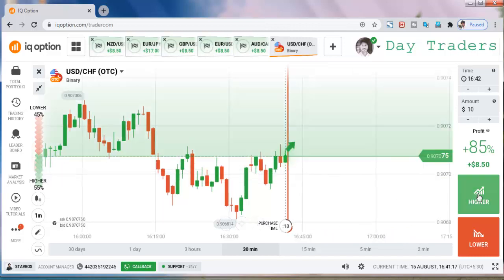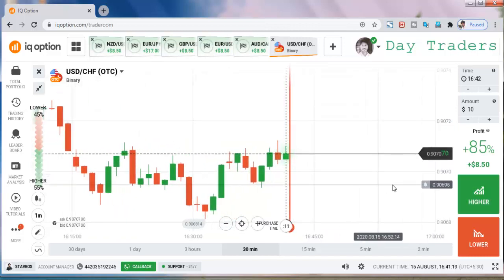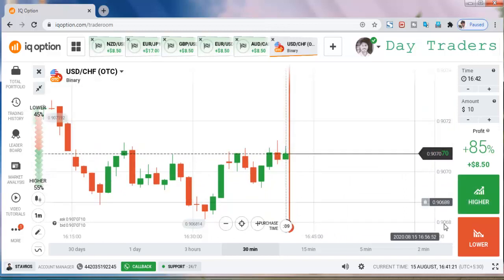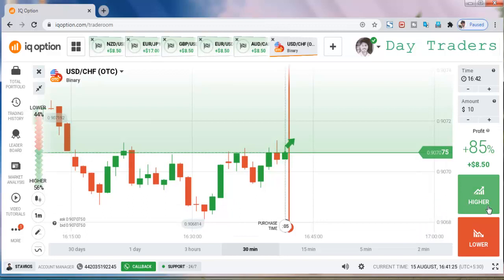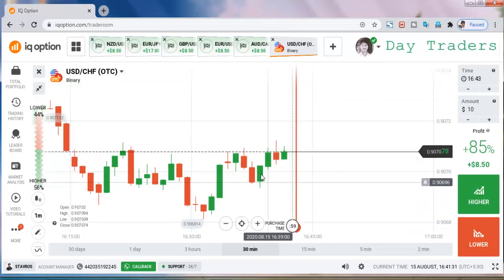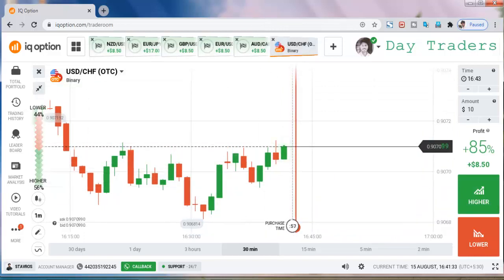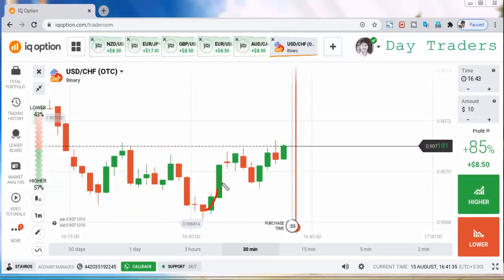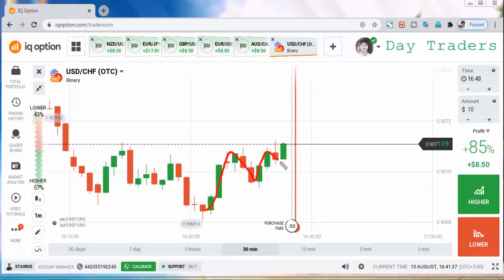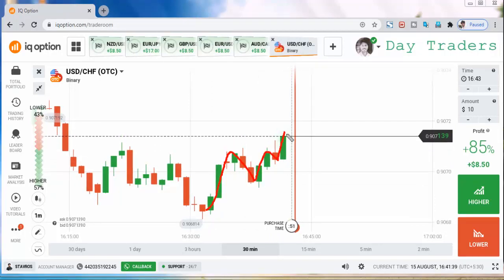Okay, this is a late entry. Okay, I'm not confident about this trade. Okay, strong sellers entry, weak sellers entry, strong buyers entry.